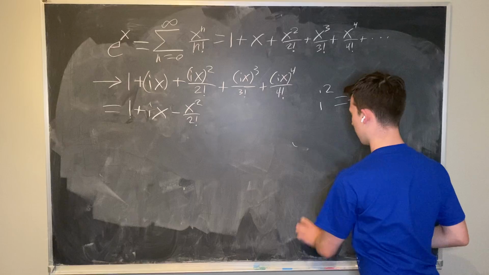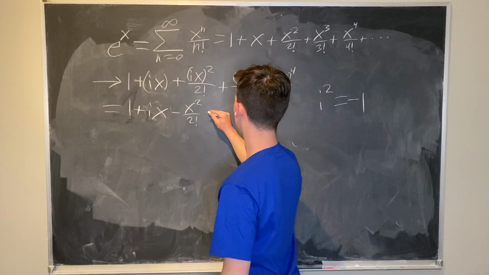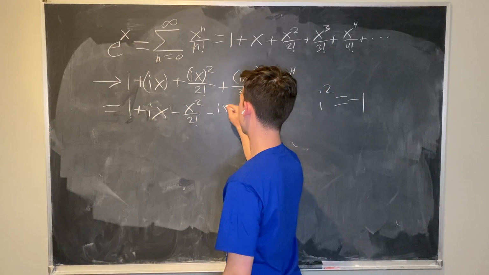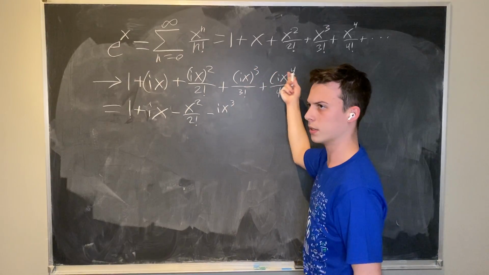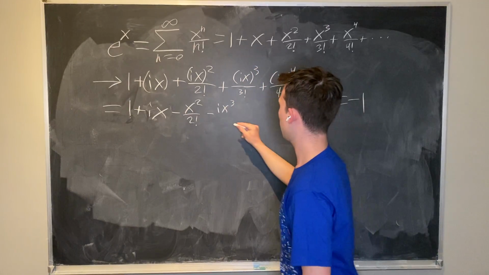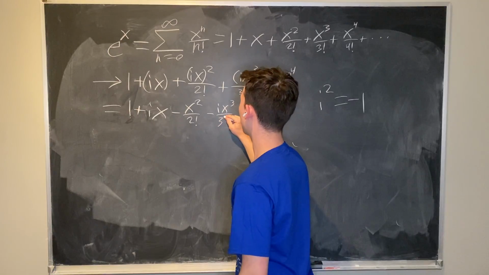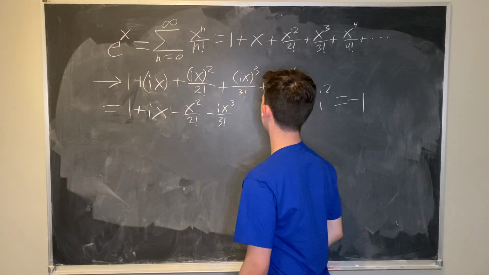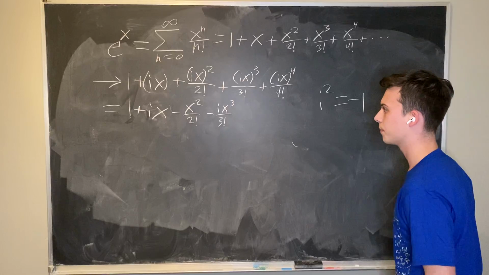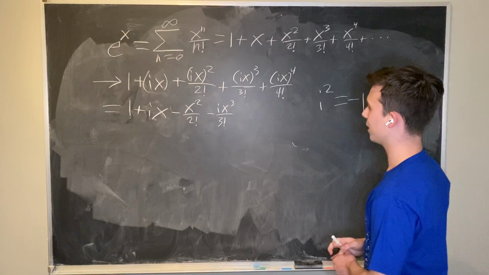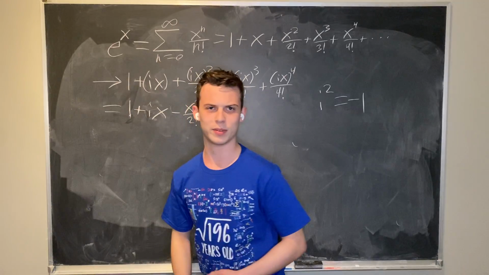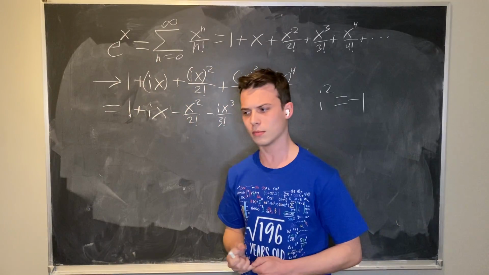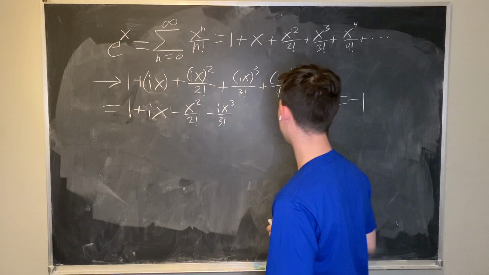So we have negative i x cubed because i cubed is -i and x cubed is x cubed. And the denominator stays the same as always. So we have that. And I don't know if you see this yet, but we're going to have to do some factoring and actually you'll get a very interesting result.